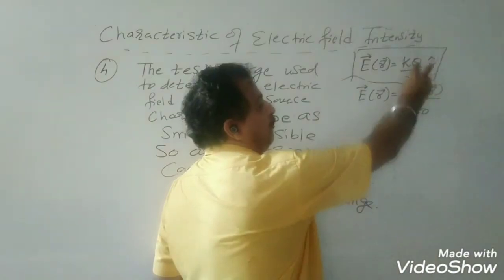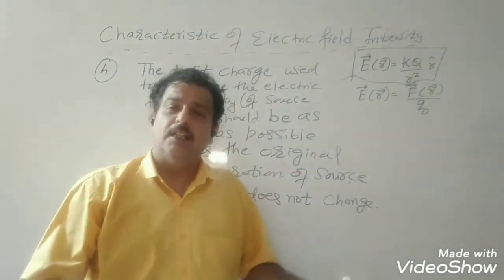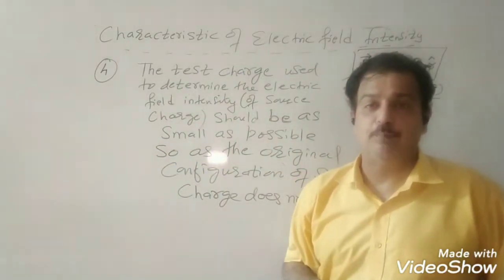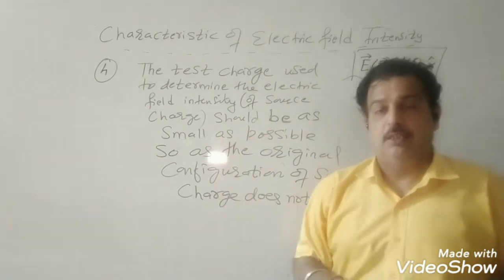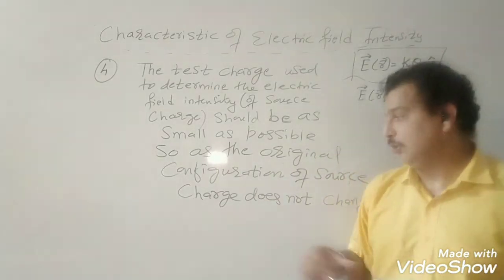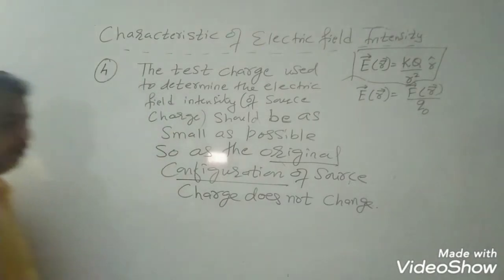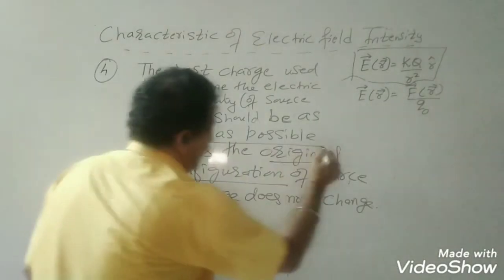Electric field intensity depends on the source charge and not on the test charge. So we conventionally take the test charge as a unit positive charge, and the smallest particle's charge is the charge on a proton or electron. So we don't need to change the original configuration of the source charge. So the test charge should be as small as possible.